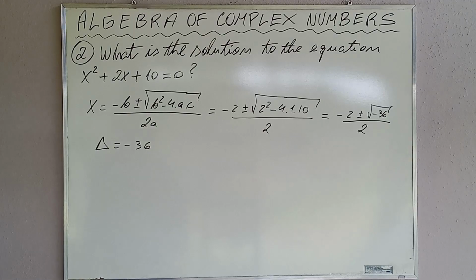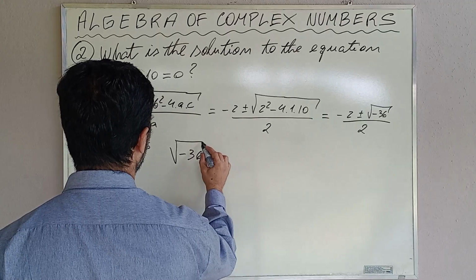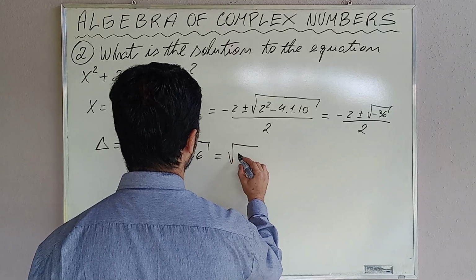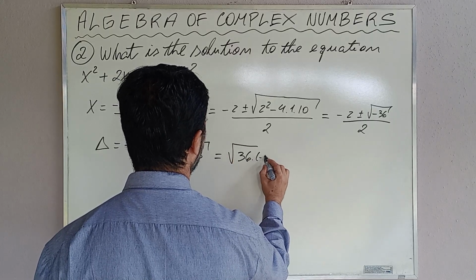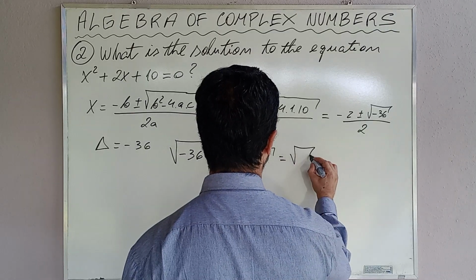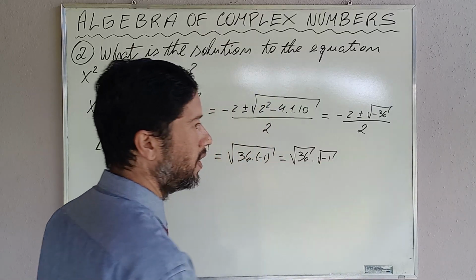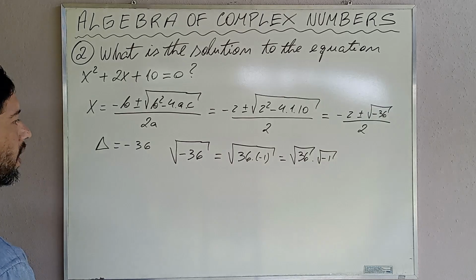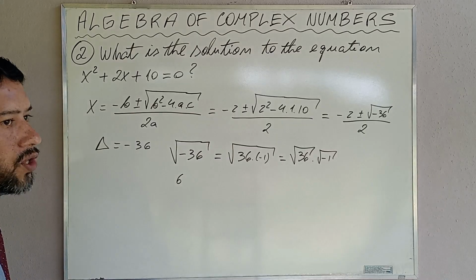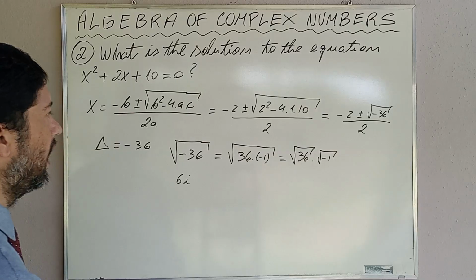In this way, the square root of negative 36 can be decomposed into the square root of 36 times negative 1, which is also equal to the square root of 36 times the square root of negative 1. The square root of 36 we know, and it is equal to 6. And the square root of negative 1 is i.